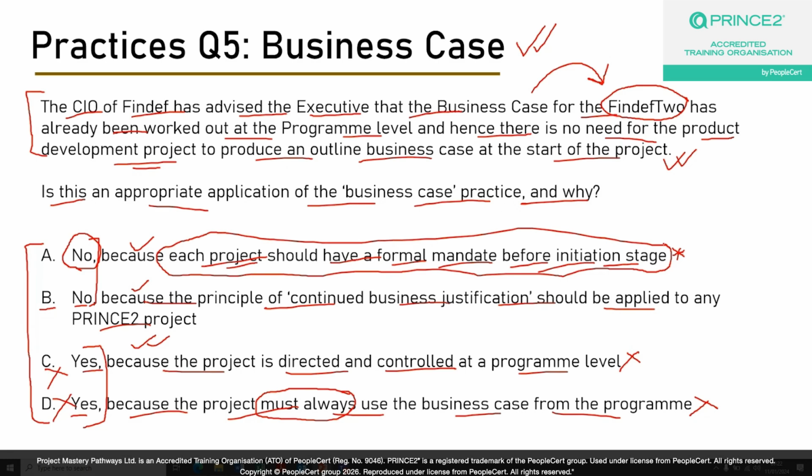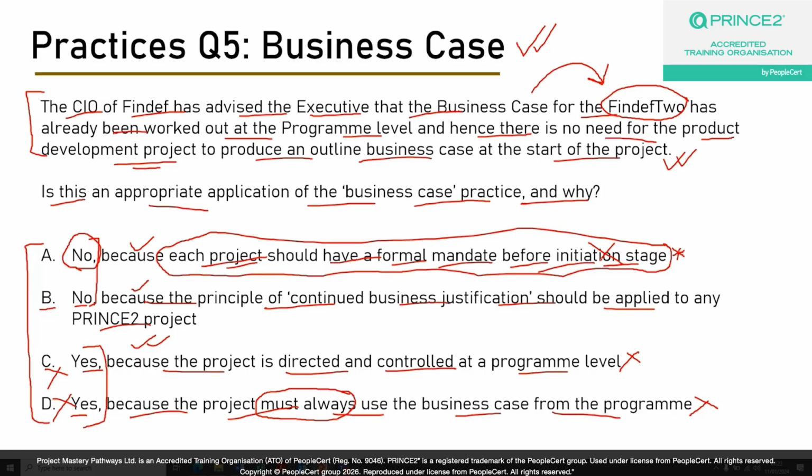Does it happen at the initiation stage, guys? Please go back to your books. It doesn't happen at the initiating a project stage. It happens at the starting up a project stage. Very important. And this option is a classical example of how you need to relate the learnings from the processes of PRINCE2 to answer a question from the practices domain of PRINCE2.